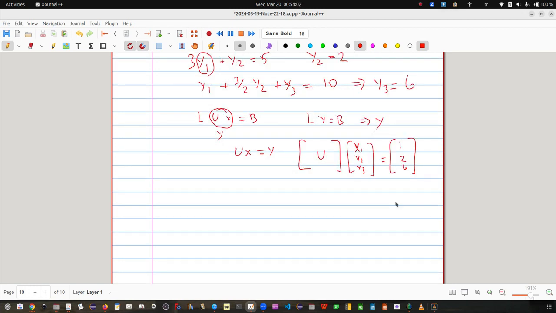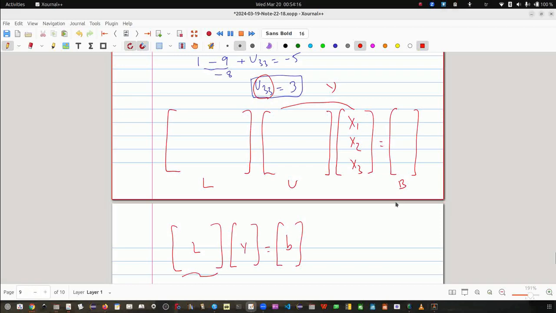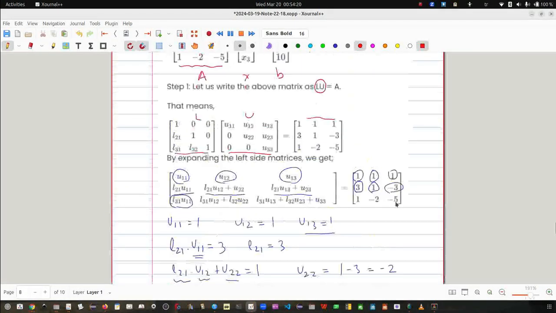Our upper matrix values are given above, so let me copy from there.